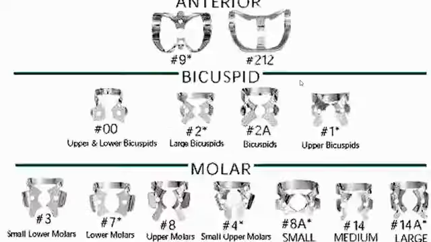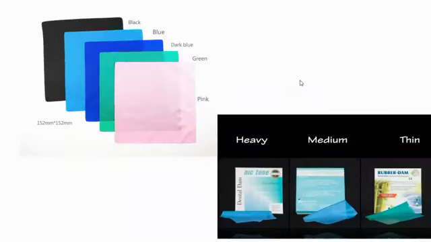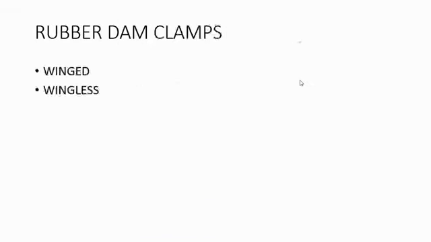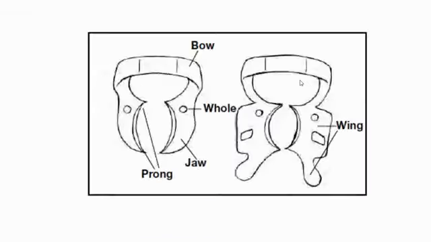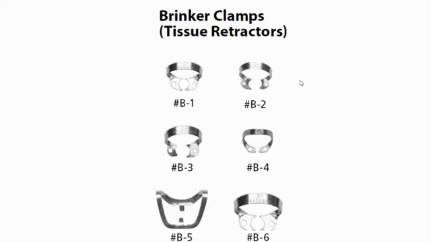I think all are clear, starting from the rubber dam sheet, punch and template, clamps which are winged and wingless. Different numbers are there, you don't need to memorize, धीरे धीरे आपको used to हो जाएगा. But the brinkers which are pretty good in specific situations.